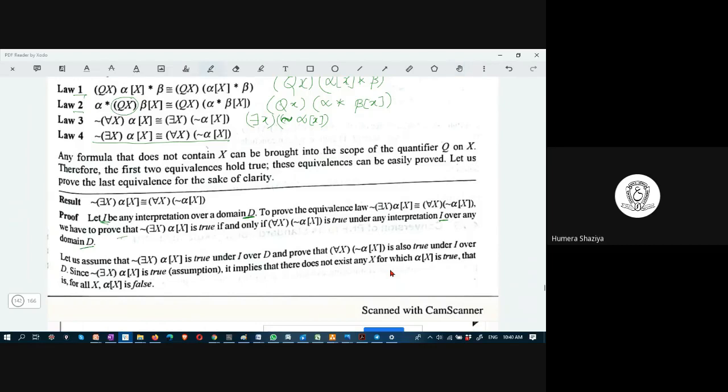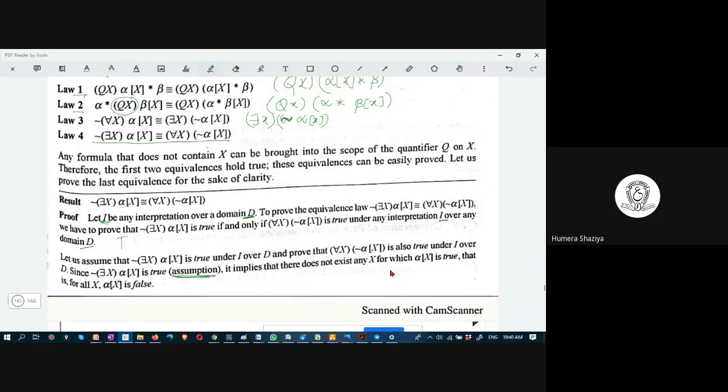If it is leading to a true statement, it essentially means that in that particular interpretation over that particular domain it is true. Let us assume this statement is true under I over D. Prove that the other is also true under I over D. Since not of there exists x alpha of x is true, it is our assumption.